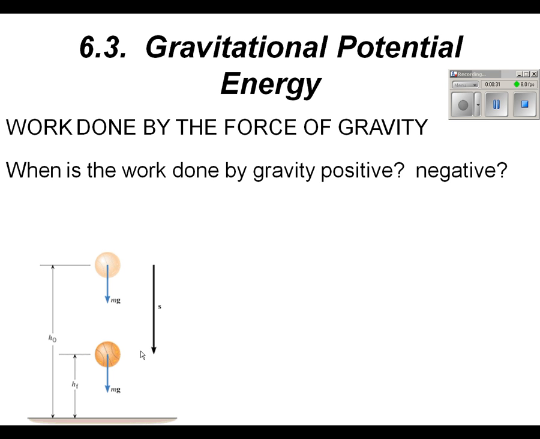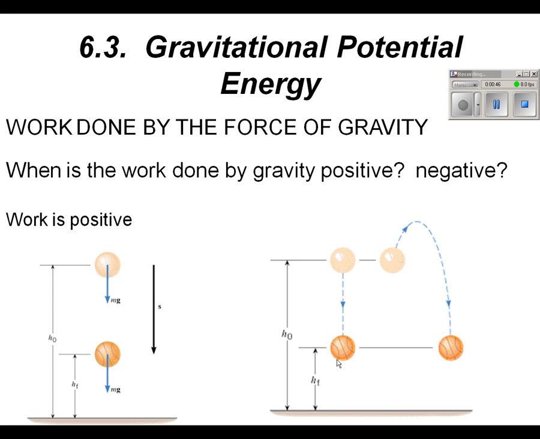So here's a case where the work done by gravity, you can see the force vector and the displacement vector are in the same direction. So that work is what? It's positive. Now if you look at this picture, the force of gravity is down.